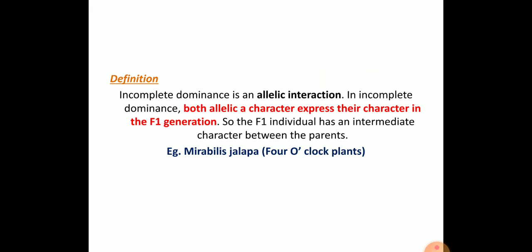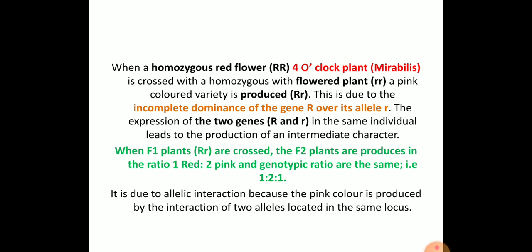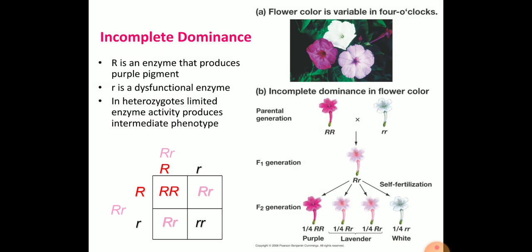In incomplete dominance as an allelic interaction, both alleles express their character in the F1 generation, whether they are dominant or recessive.